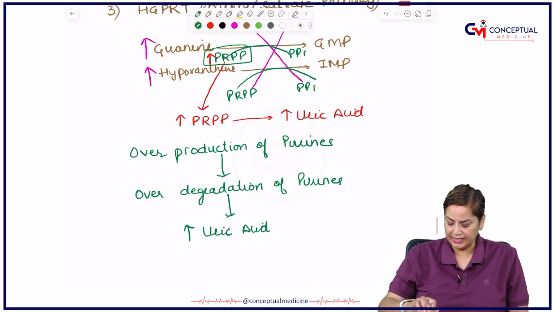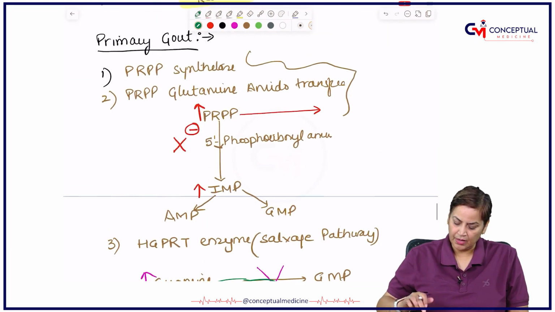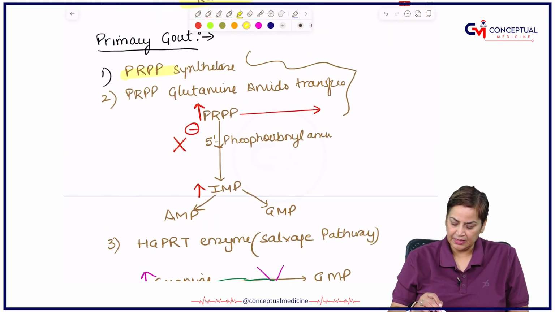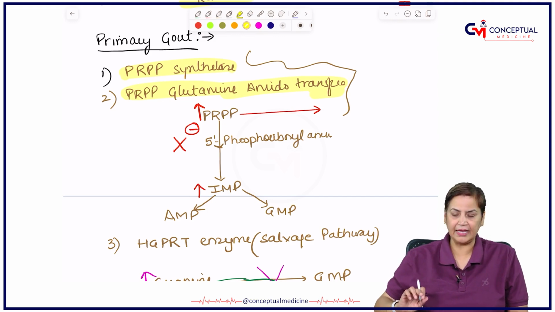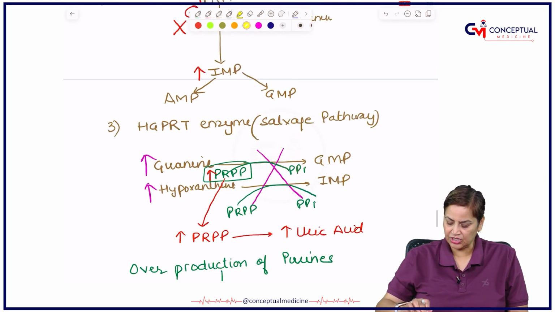So I can say that if PRPP synthetase and PRPP glutamine aminotransferase fail to undergo feedback inhibition, again it will lead to elevated concentration.